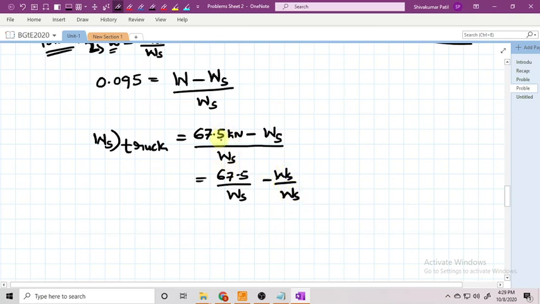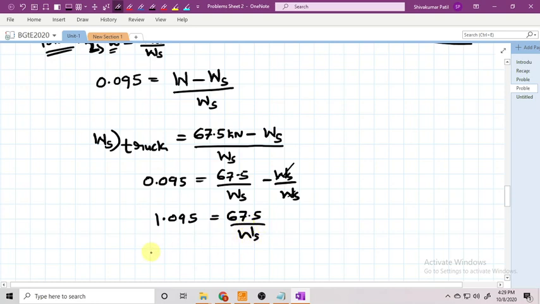Nothing is going to change in your previous equation. This will get cancelled and become 1; if it goes to the left side, it becomes plus 1. So the water content in the truck is 0.095, plus 1 gives 1.095 equal to 67.5 divided by weight of solids.